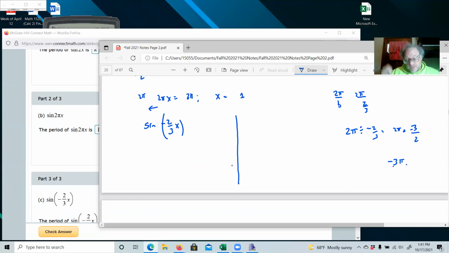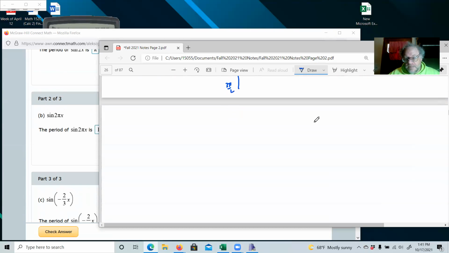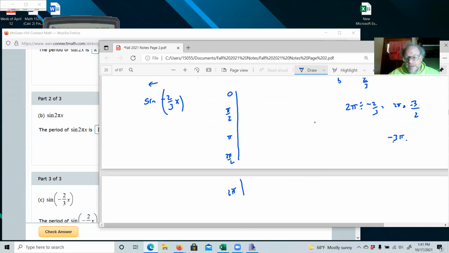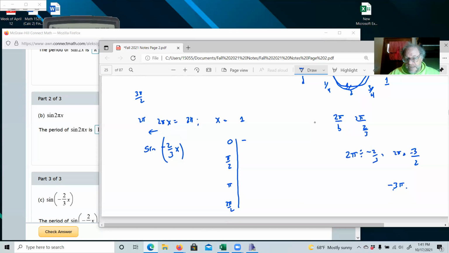Okay, so what we're going to do is we're still going to write down our anchor points. We're going to say 0, pi over 2, pi, 3 pi over 2, and 2 pi. Right? And now we're going to say negative 2/3 x equals 0. What's x have to be? X has to be 0.